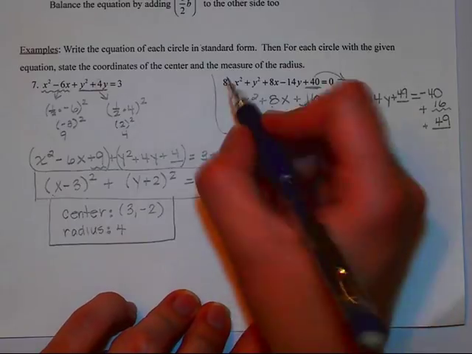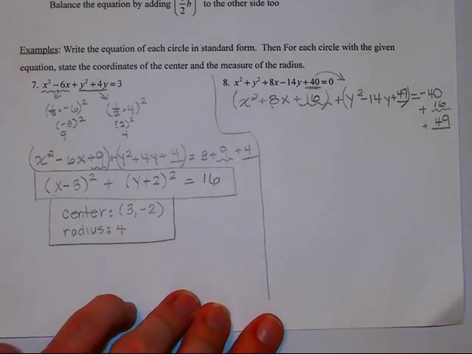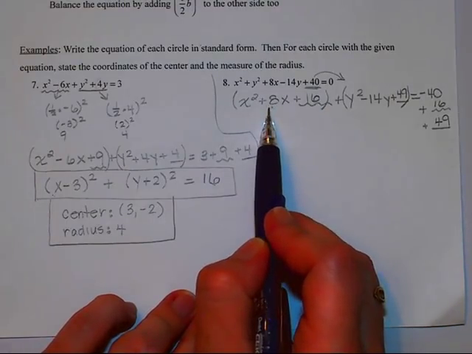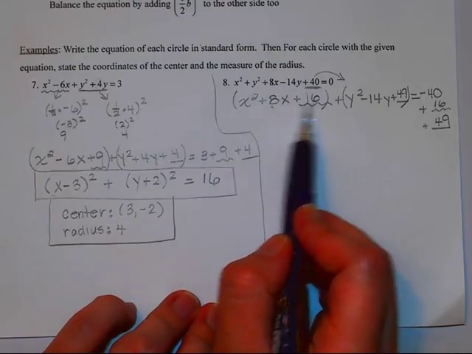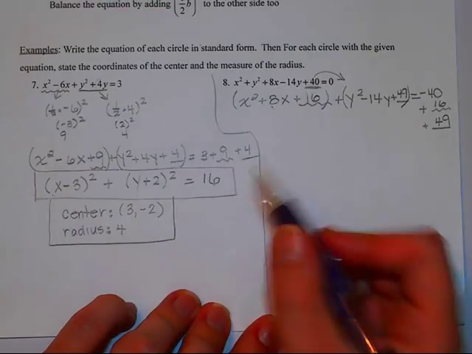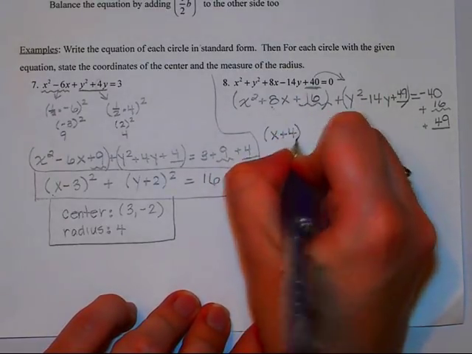Now I factor the first trinomial and the second trinomial. So the factors of 16 that add to 8 are 4 and 4, which means that this trinomial factors into x plus 4 times x plus 4, or x plus 4 squared.